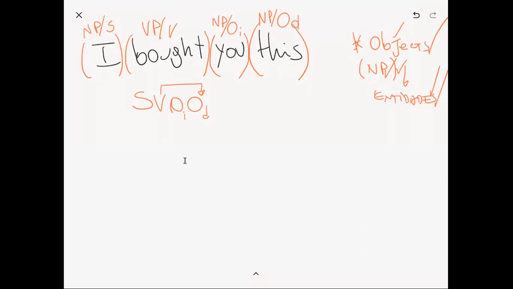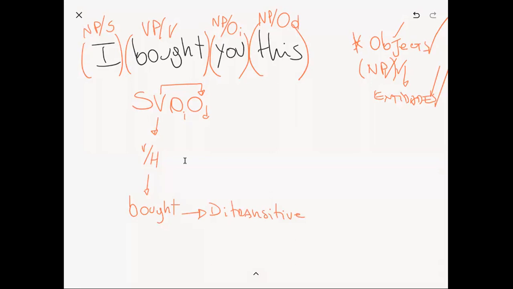Why two objects? Well, the answer for that comes in the verb phrase, because this verb phrase contains one verb head, and that verb head is the verb bought, right? The verb, in this case, requires the presence of two different objects after it because it is a transitive verb.